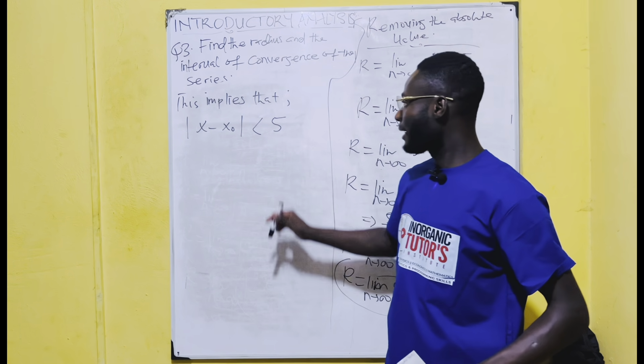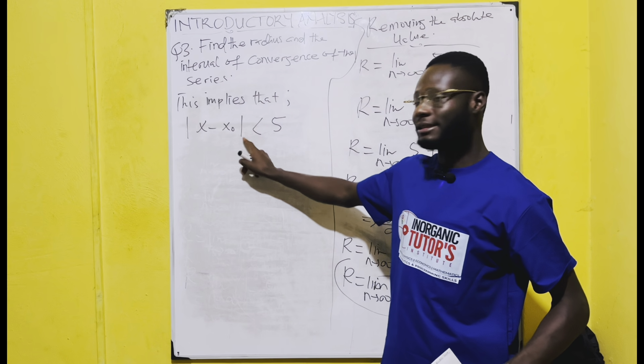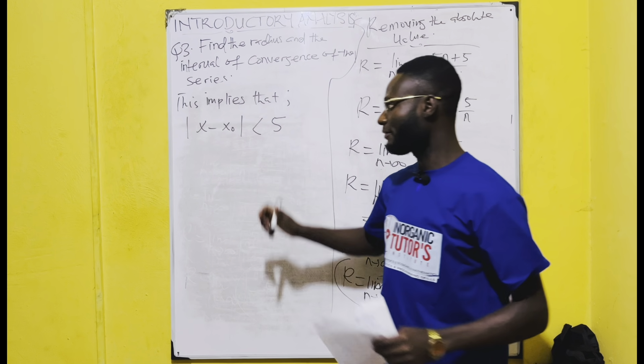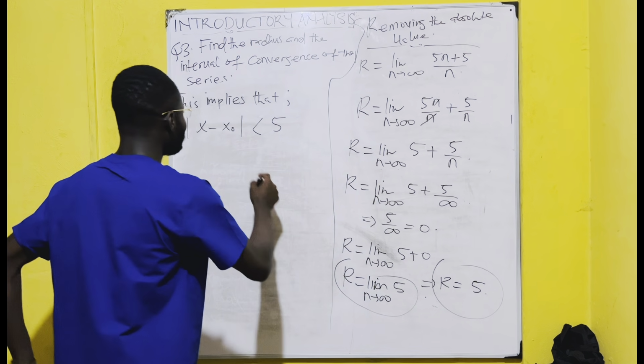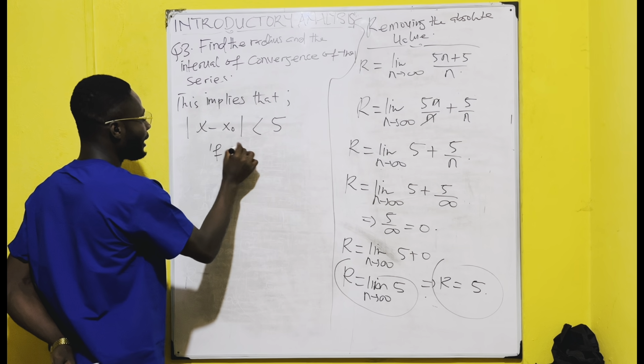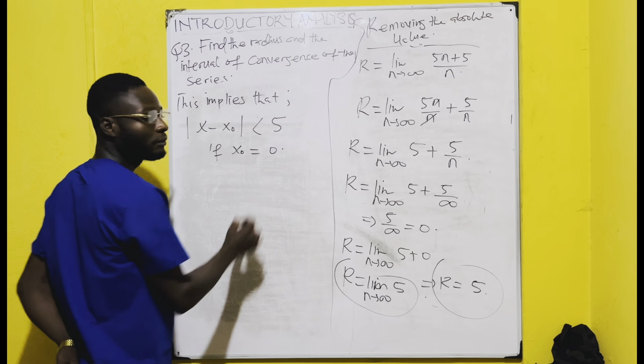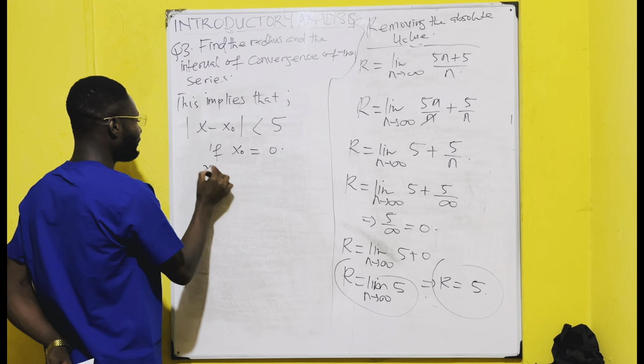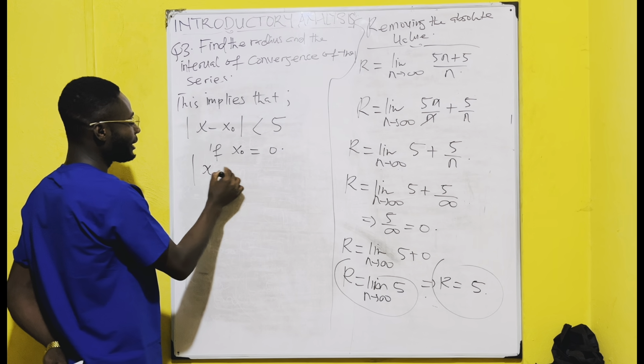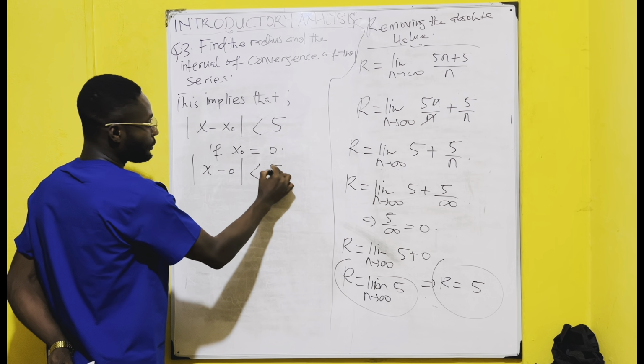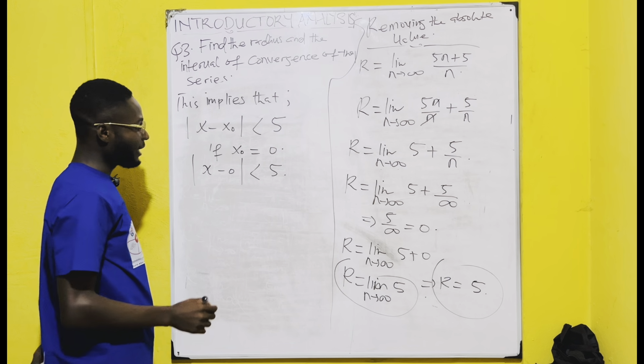This means that if x naught is equal to 0, then we're going to have the absolute value of x minus 0 should be less than 5.